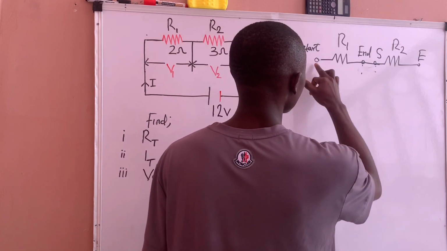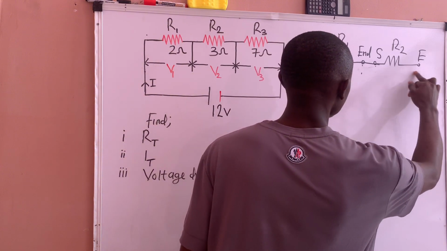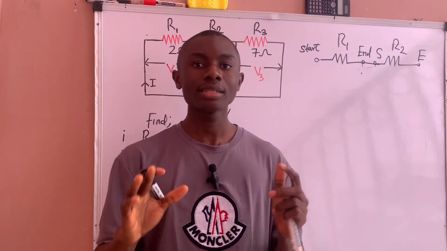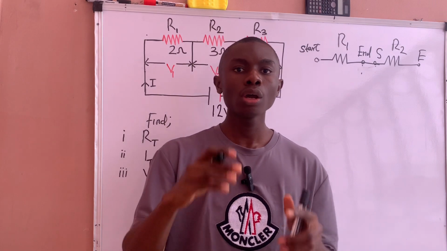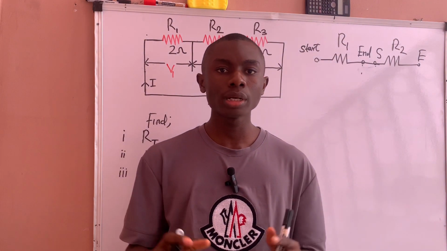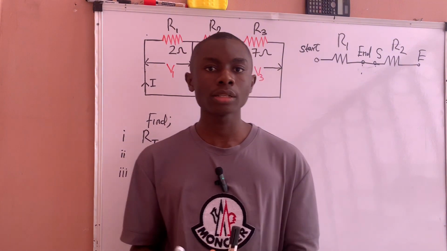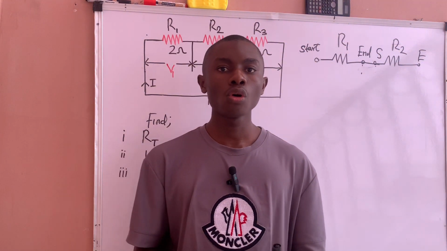The same amount of current flows through the resistors. So that is how a series circuit works: two or more components connected end to start, forming a single path for current to flow.